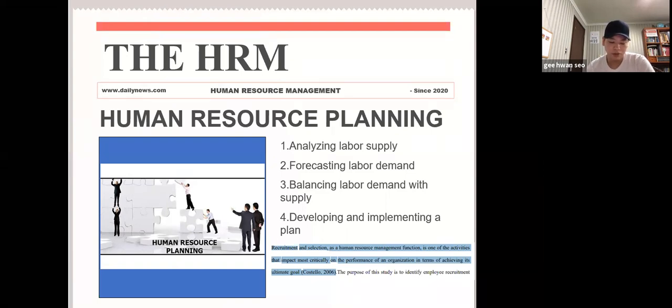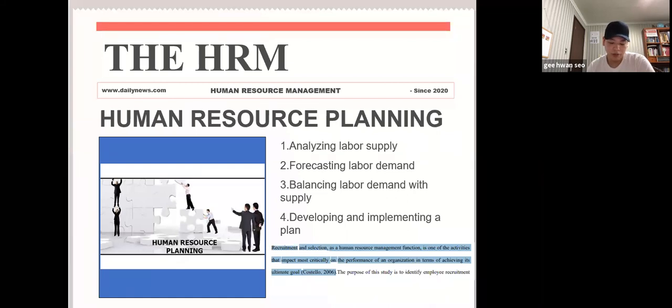Balancing labor demand with supply is creating gap analysis that lays out specific needs to narrow the supply of the company's labor versus future demand, which includes some questions like, should employees learn new skills? Does the company need more managers? Do all employees play to their strengths in their current roles?